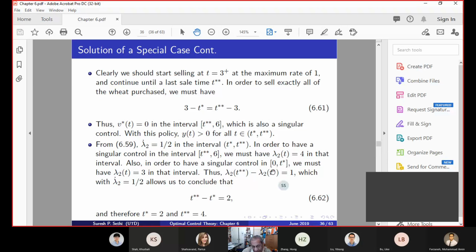So that means that quantity has to be equal to 1, which with lambda 2 dot equal to half means that double T star minus T star has to be equal to 2. And with that equation and that equation, we have to see that T star equal to 2 and double T star equal to 4. So if you see all that, our problem is solved.